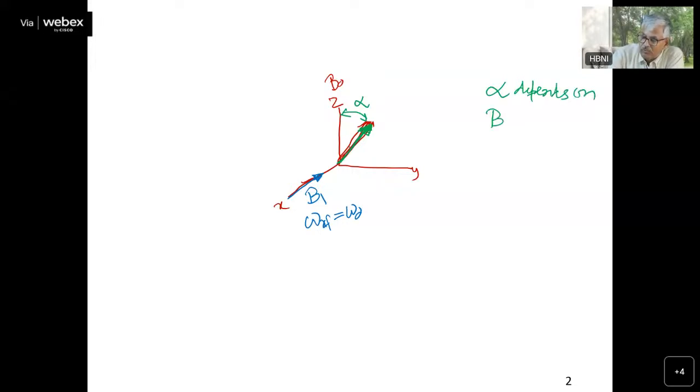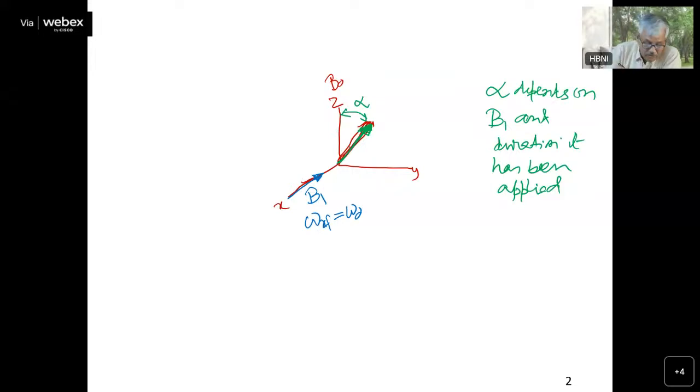So this alpha depends on the magnitude of B1 and the duration it has been applied. Okay, now see, previously when there was no B1 field, the magnetization was along the Z axis.